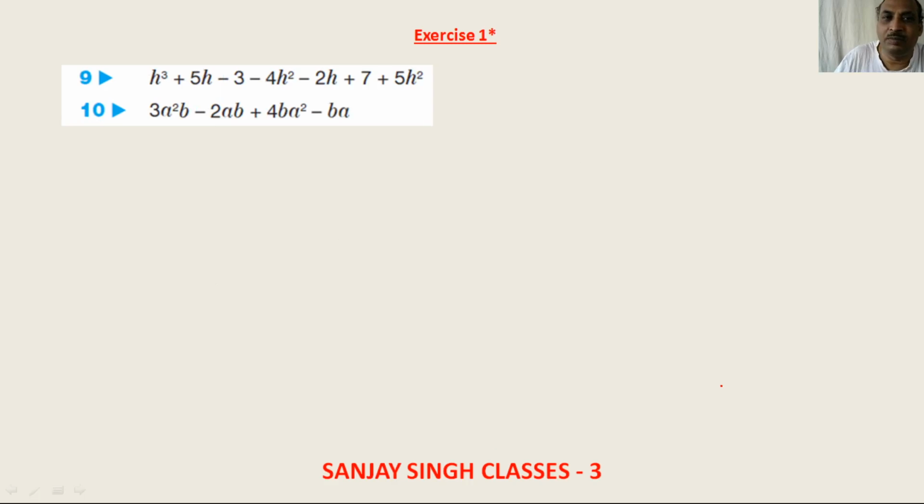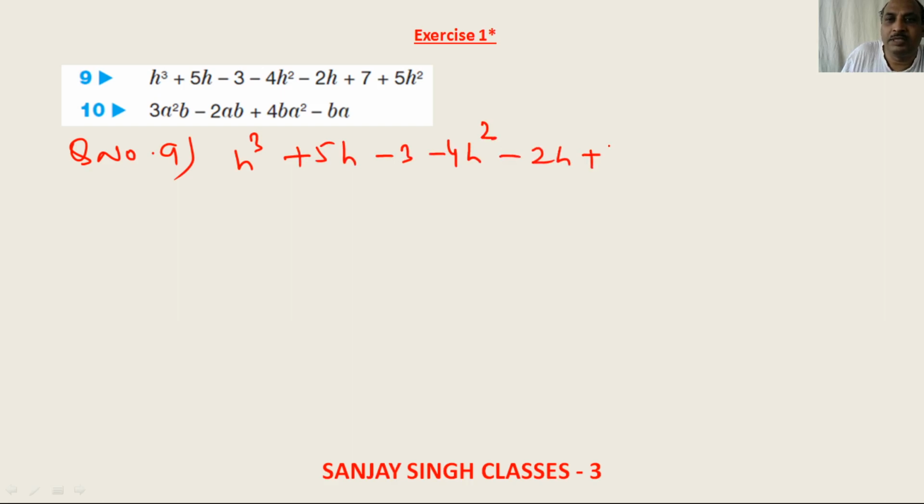Now question number 9: h cube plus 5h minus 3 minus 4h square minus 2h plus 7 plus 5h square. For h cube there is no like term, so h cube will be as it is.